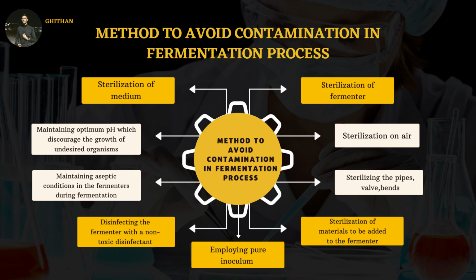First of all, sterilization of medium, employing pure inoculum, sterilization of fermenter, then sterilization of air, sterilizing the pipes, valves, and vents, sterilization of material to be added to the fermenter, disinfecting the fermenter with a non-toxic disinfectant, maintaining aseptic condition in the fermenter during fermentation, and finally maintaining optimum pH which discourages the growth of undesired organisms.